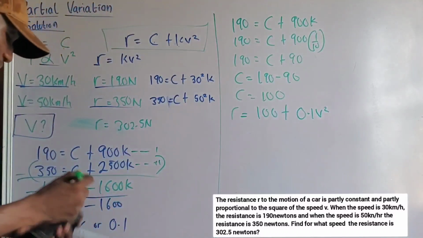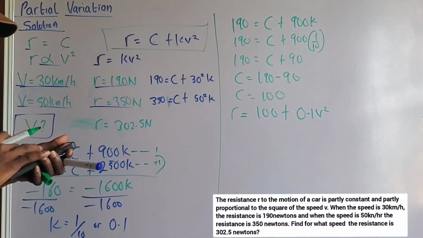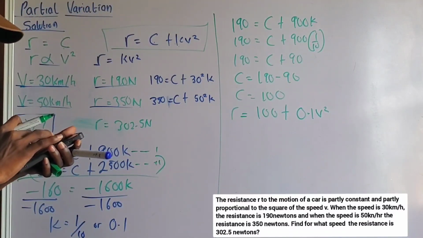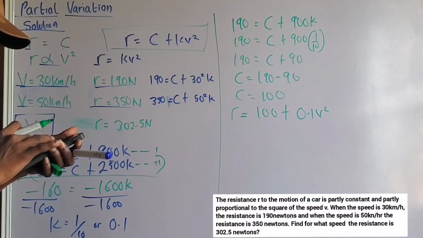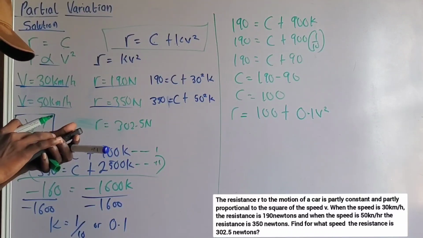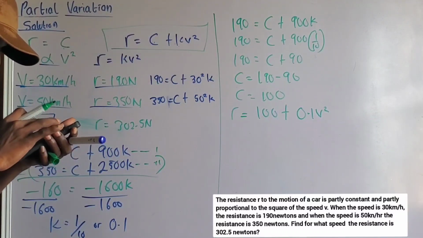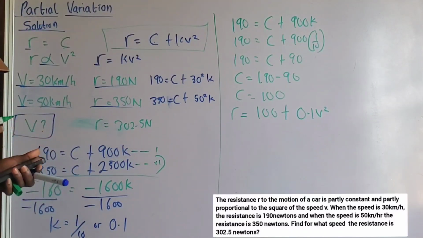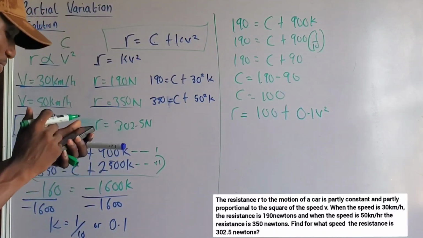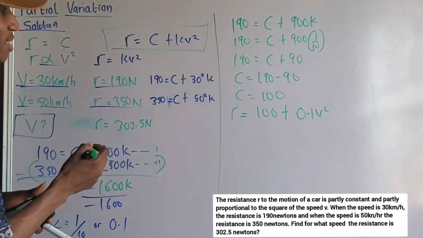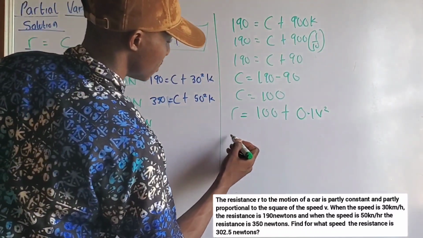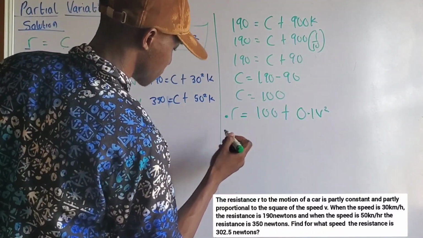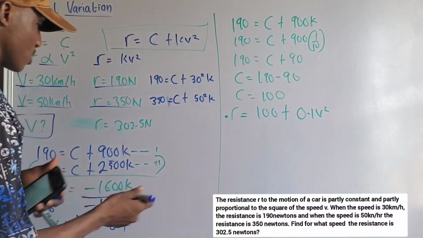Okay, now don't forget our goal. We are asked to look for the speed when the resistance is 302.5. So you can easily determine the speed now. The resistance is 302.5.